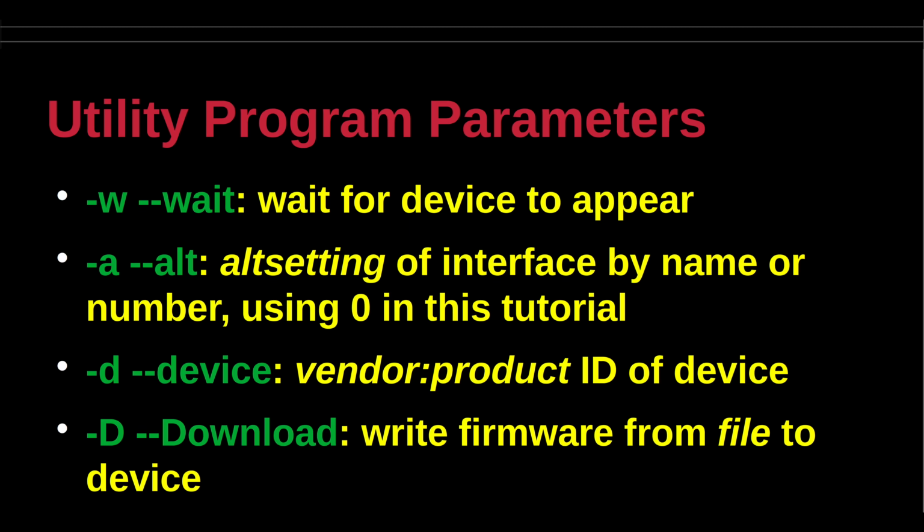There is a specific combination for the vendor product ID pair, as will be shown later in this tutorial. Of course, the download operation must be explicitly specified with the name of the firmware file that will be flashed to the board. The example in this tutorial assumes that the utility program runs from the subfolder location that has the firmware file.